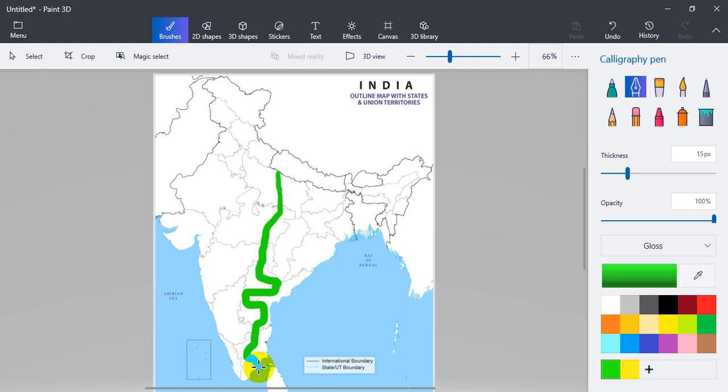Okay. Now it is also there in a bit of Goa. Then it is there in the edge of this part of Kerala.